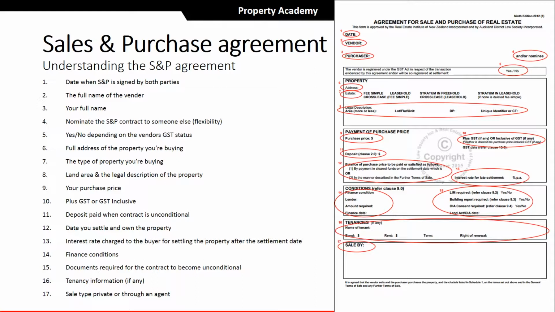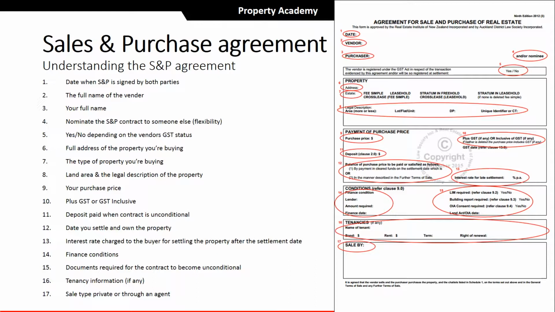But we'll again cover this a little bit further in detail, and you don't actually need the section at all in the conditions, and you can still have conditions in the agreement without filling this little section here, and I'll explain this in the upcoming weeks as well.